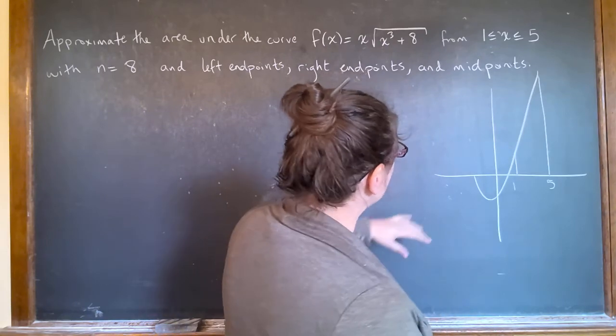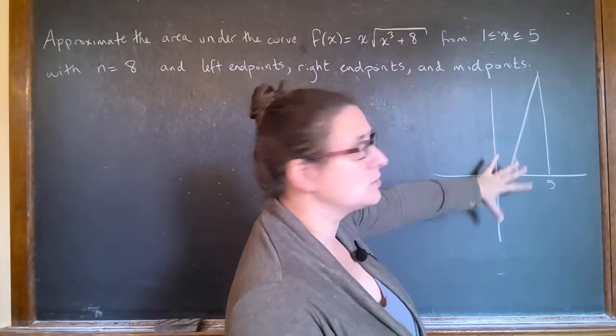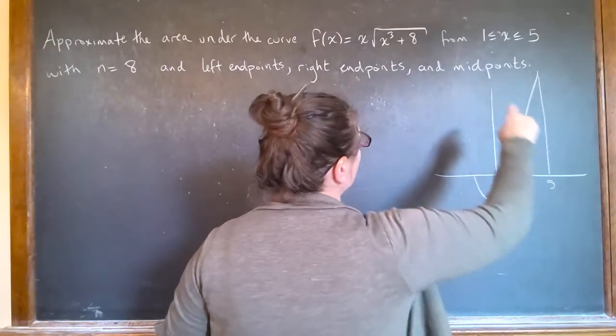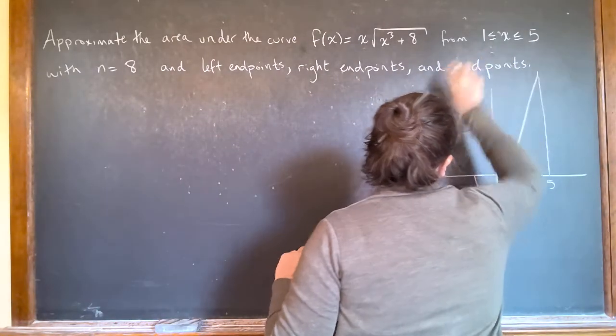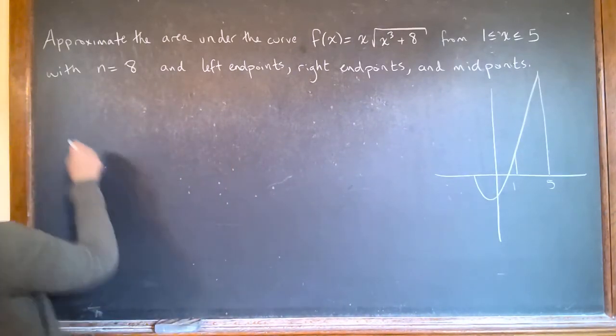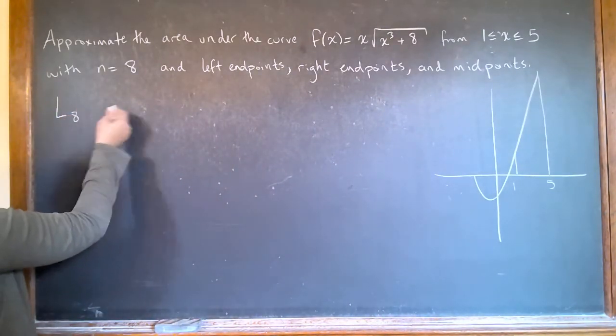Essentially, what I want to do though, less concerned with what the picture looks like than what my interval is and what my partitions are going to be. Because I'm going to do, say, L8 first, left endpoints.